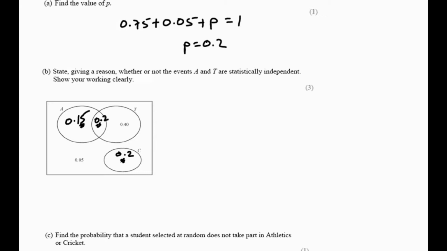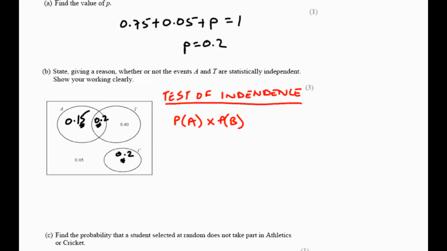The test of independence is if the probability of A multiplied by the probability of B equals the intersection of A and B. If this is true, then A and B are independent. Okay, so let's just test that out. Probability of A is 0.35 and the probability of B is 0.6.